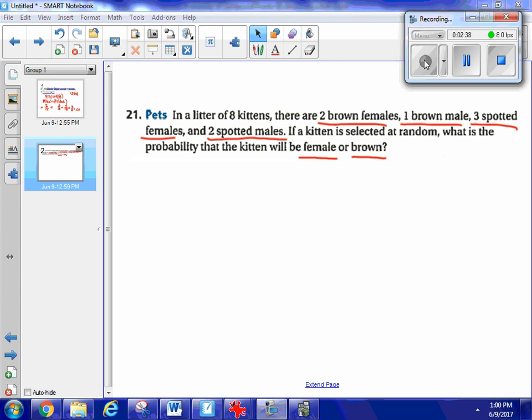So I clearly have overlapping events going on here because I know that some of the females are brown and some of the females are spotted. So I need to use my overlapping probability formula.